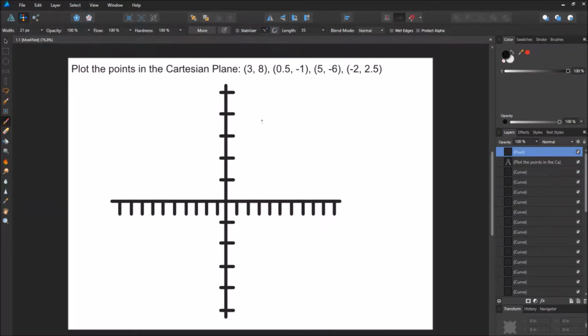So now I'm assuming you've paused it, done the problems, and now unpaused it, so now we're going to find the solution. So our first point is 3, 8. So we have to remember our point's first number is always our x value, and because our x value is positive, we're going to be going to the right of the origin by 3 points.